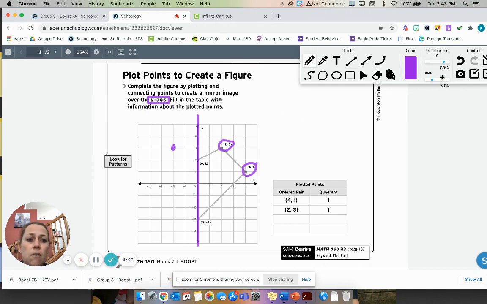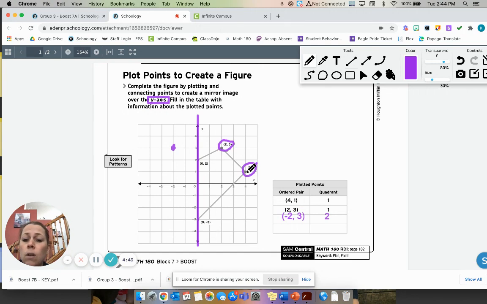The coordinates of that point are (-2, 3), because remember, we go in the x direction first. And the quadrant that we are in is quadrant number 2. Remember, quadrants go counterclockwise. The next ordered pair we need to do is this (4, 1). So this time I went to the right 4 and up 1.